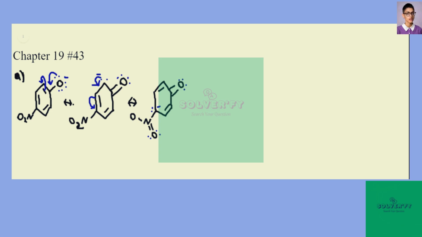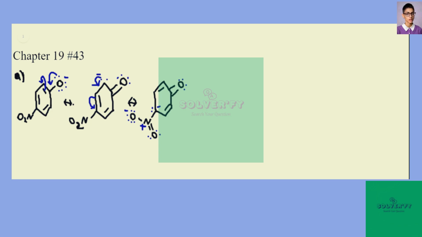And the other oxygen of the nitro group has three lone pairs and a negative charge. And the nitrogen of the nitro group has no lone pairs and four bonds, and so it is going to have a positive charge on it. That's the way we always represent a nitro group.